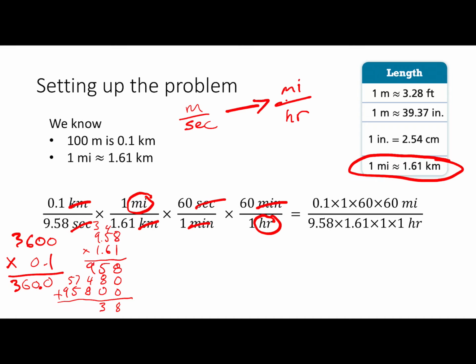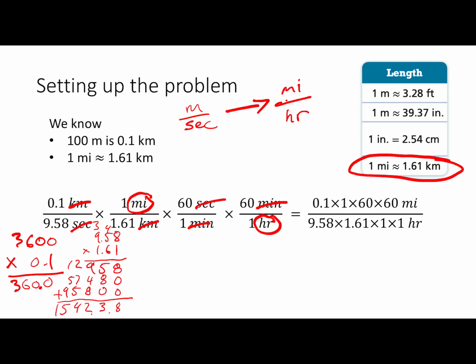Adding all those up, 0 plus 0 plus 8 is 8, and 0 plus 8 plus 5 is 13. Got a 1 to carry over there. And 8 plus 4 plus 9 plus 1 is 22. We got a 2 to carry over there, and we have 2 plus 7 plus 5, 14, with that one carried over, and 1 plus 5 plus 9 is 15.